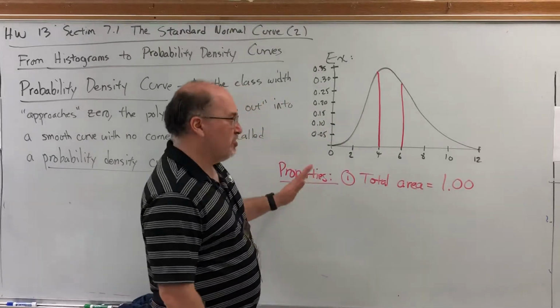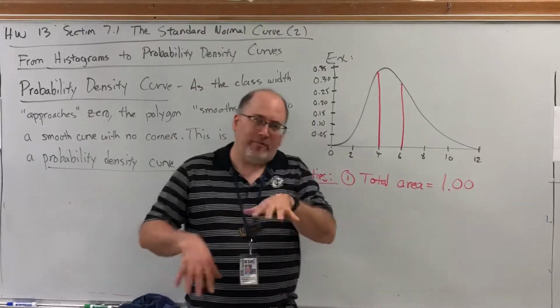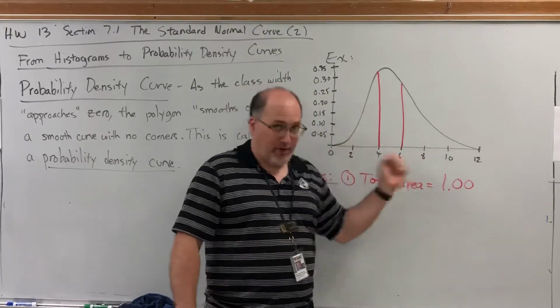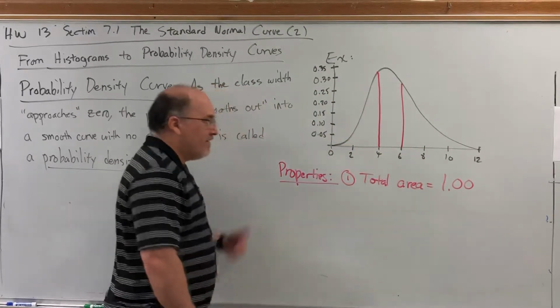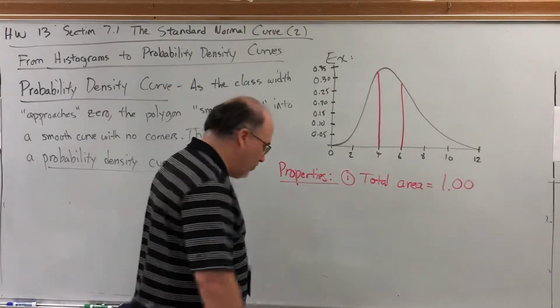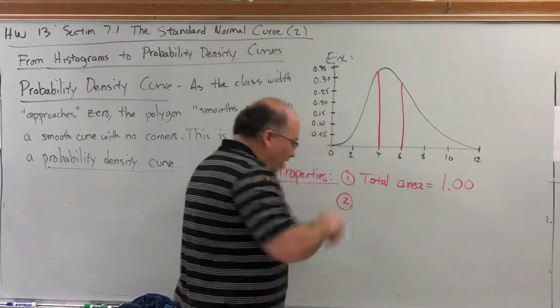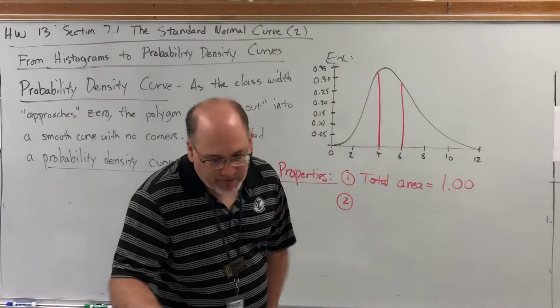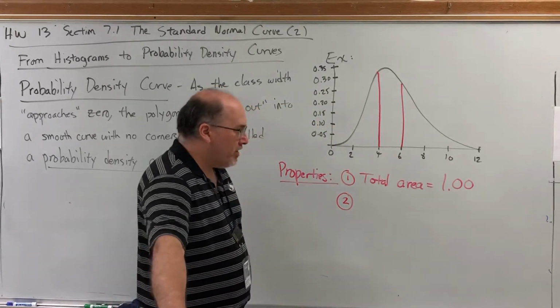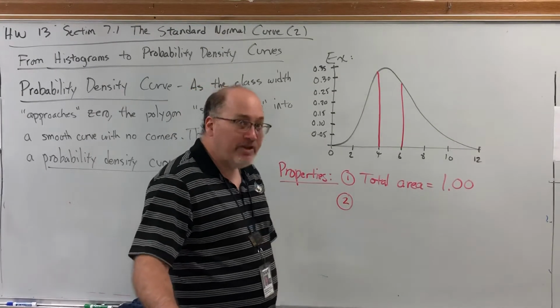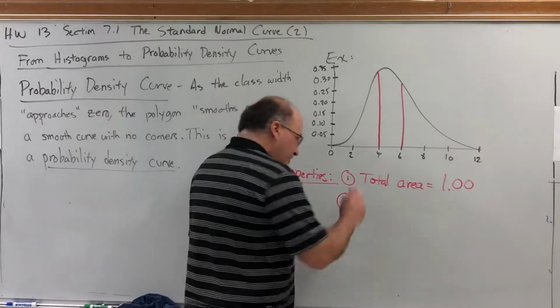That property is preserved when we make the transition from a finite number of rectangles to an infinite number, and hence a probability distribution curve, that the total area is 1, or 100%. The other property is the area between two values will represent the probability of being between those two values.